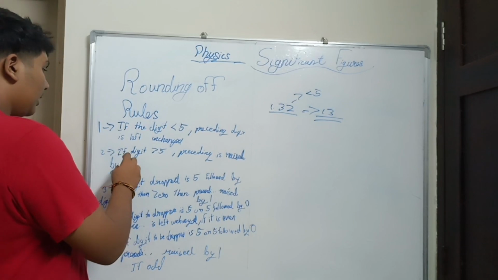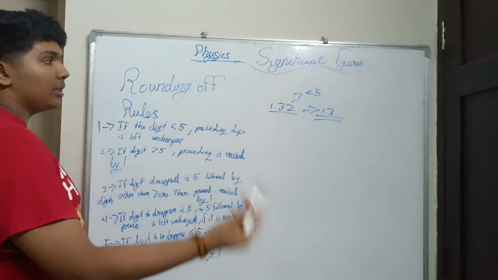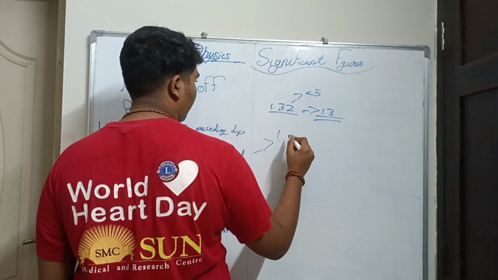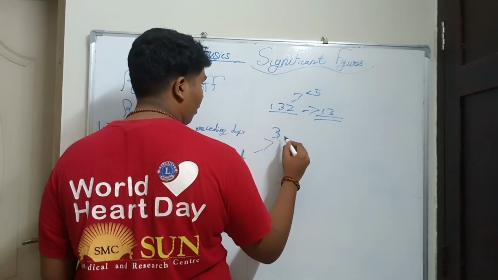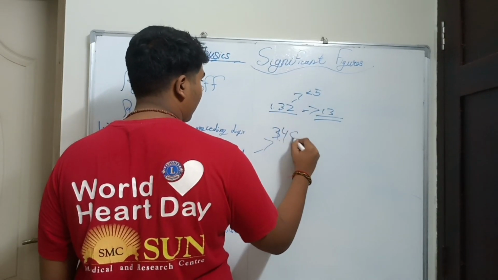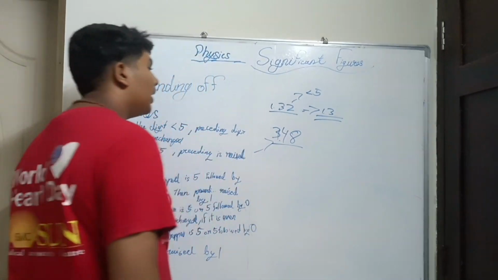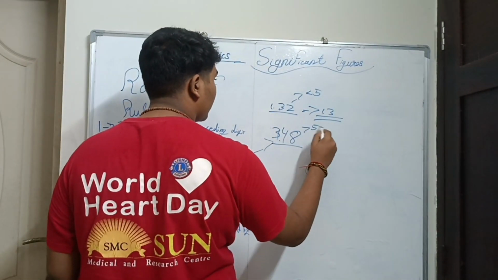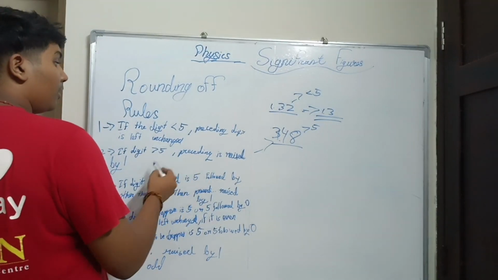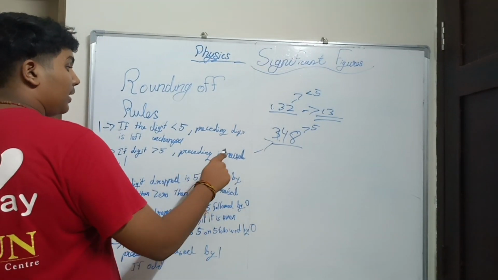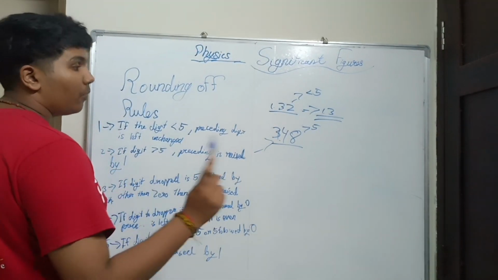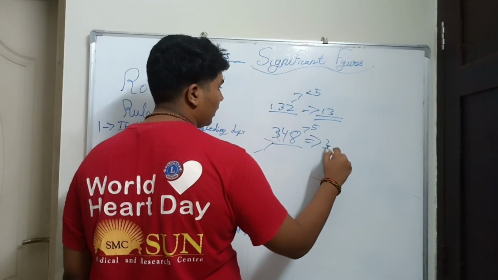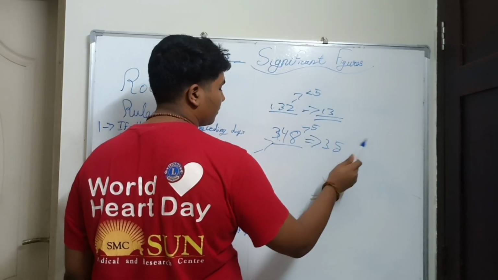Next, if the digit is greater than 5, let's take the example 3.48. Now you can see that the 8 is greater than 5. So the preceding digit is raised by 1, which means this will be 3.5.